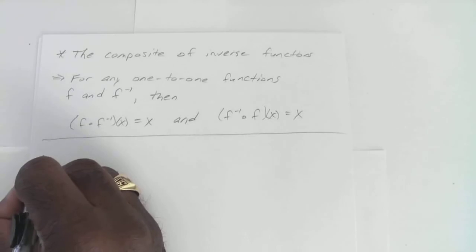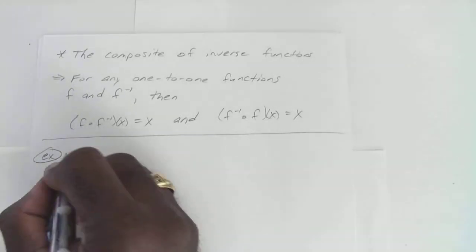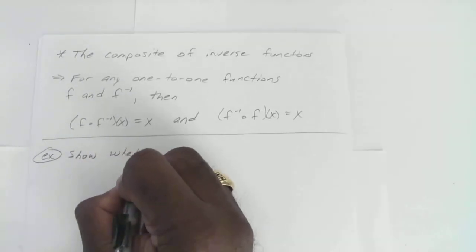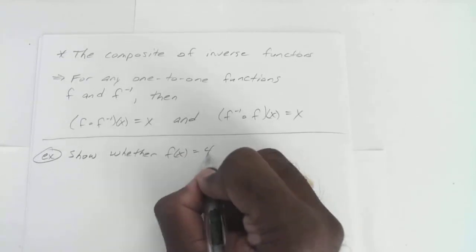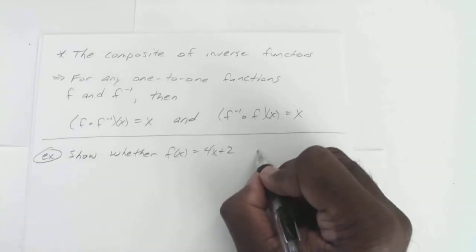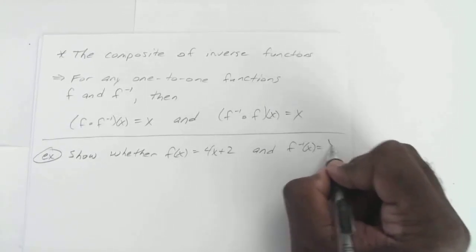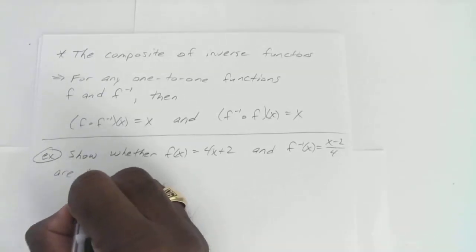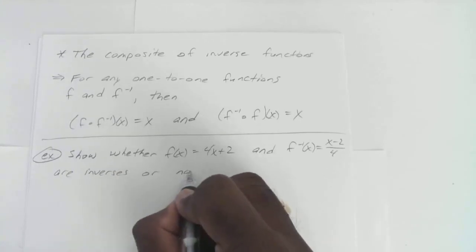So if we look at our previous example, we want to show whether f of x equals 4x plus 2 and f inverse of x equals x minus 2 over 4 are inverses or not.